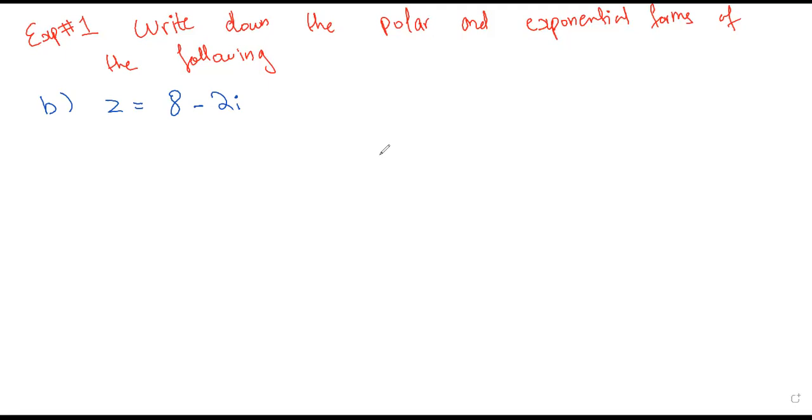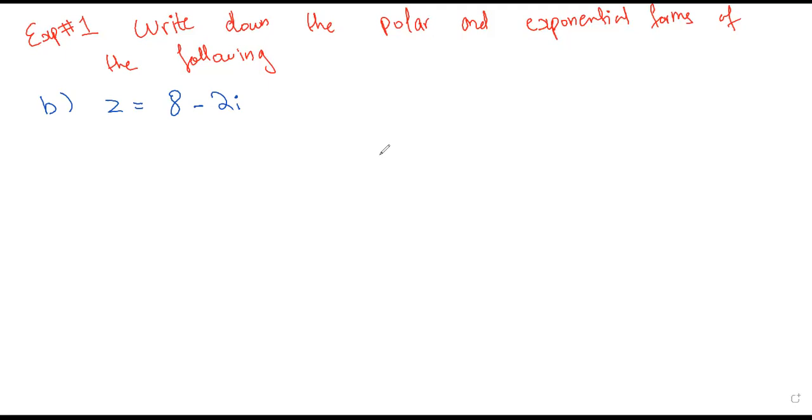Yes, 2 root 17. And then I have to do tan inverse of minus 2 by 8, okay? Yes, tan inverse of minus 2 by 8. Negative 0.245. Very good, okay?